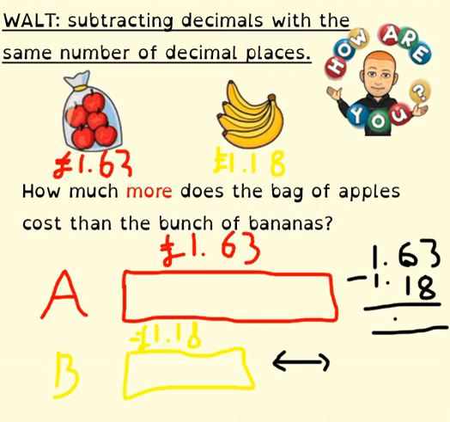So again, I've got to perform an exchange. I'm going to perform an exchange by exchanging one of my tenths. So I'm not going to have 6/10, I'm now going to have 5/10. I'm going to exchange 1/10 for 10/100ths.